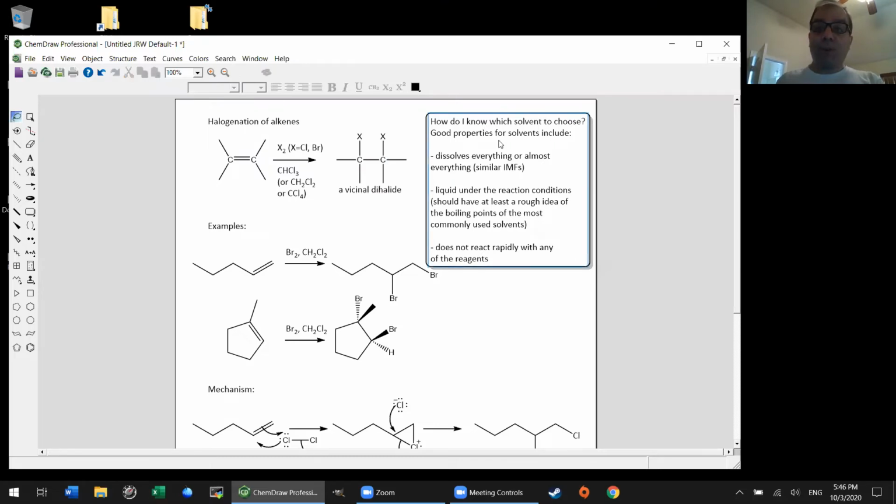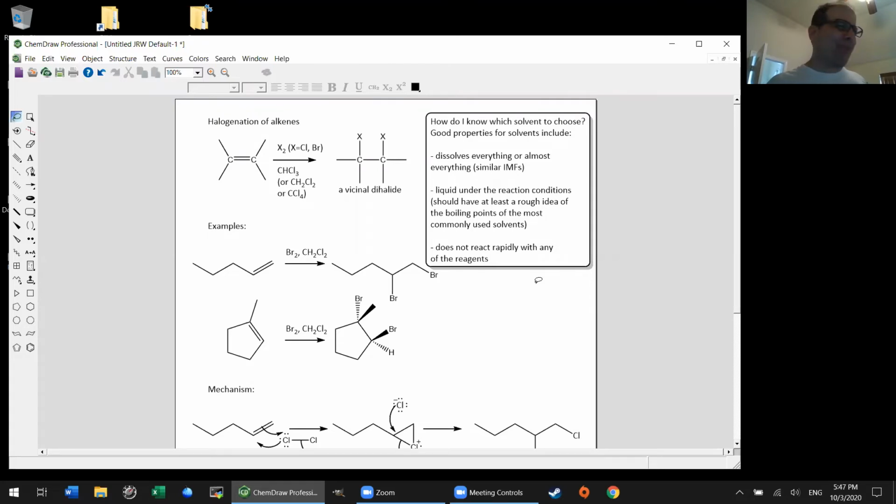So, since we're going to start learning about solvents, I want us to get off on the right foot. What I would like you guys not to do when it comes to learning your solvents is just try to memorize a bunch of letters and numbers. Trust me, that will not go well for you. But if you understand some simple ideas about what are good properties for a solvent to have, and you understand how those properties relate to particular common solvents.